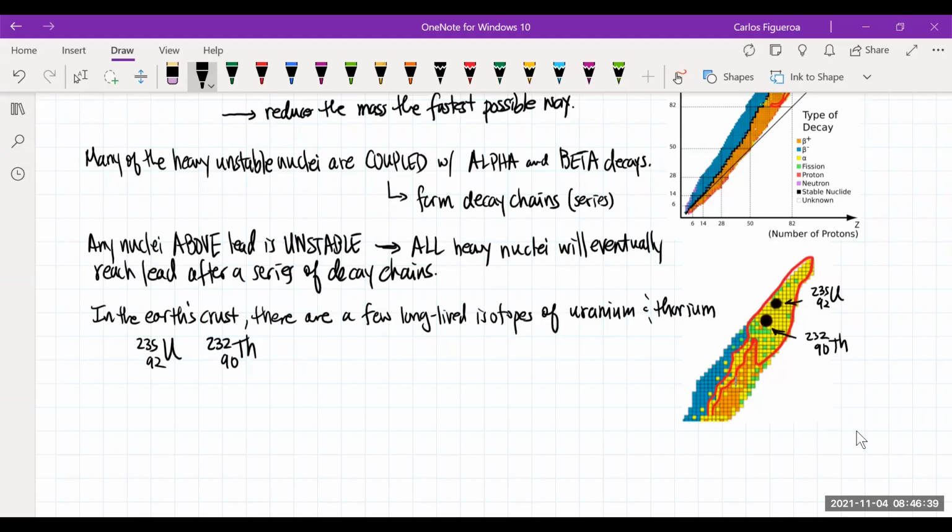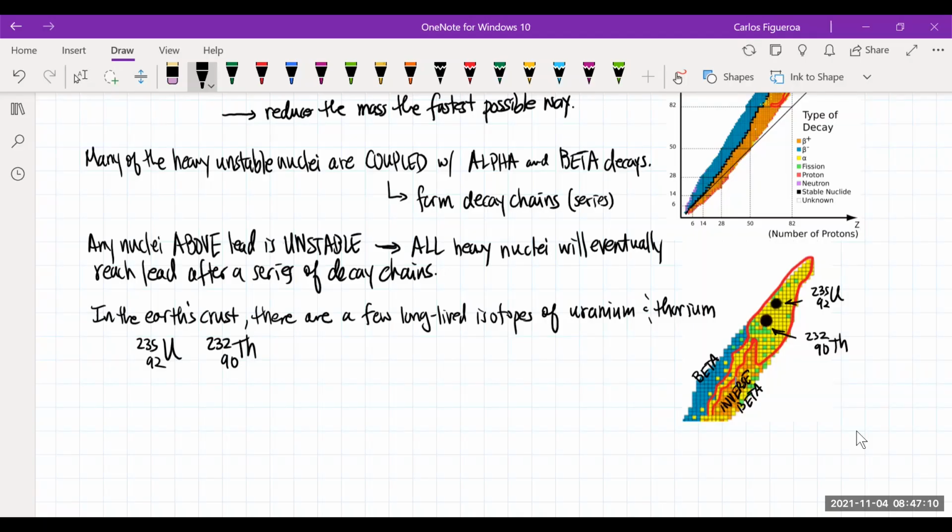And so what you're going to see here is that uranium and thorium are going to decay. Now, remember what I said. When I look at these decays, look at the turquoise. This is the region of beta decay. Look at the orange. This is the region of inverse beta.